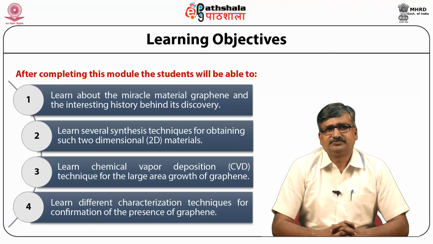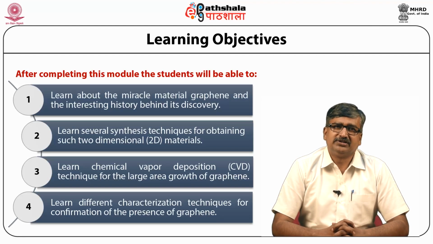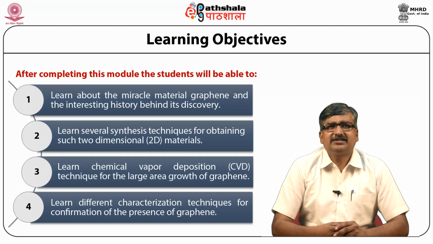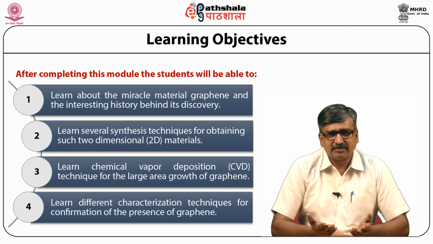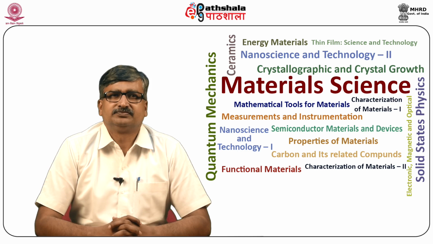As you know, graphene is a monolayer of sp2 bonded carbon atoms packed into a honeycomb crystal structure and can be viewed either as an individual atomic plane extracted from graphite or unrolled single-walled carbon nanotubes.